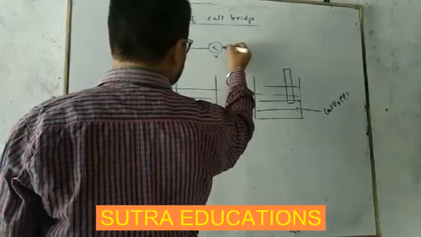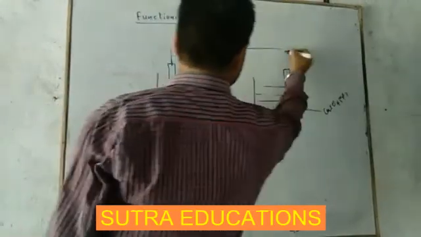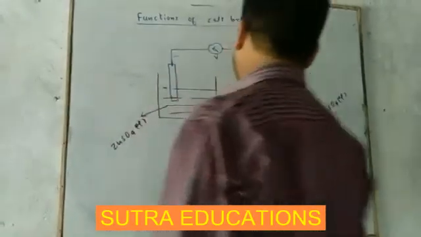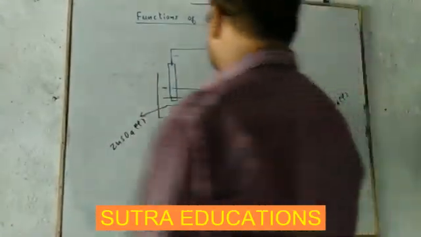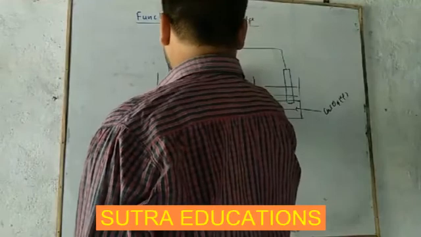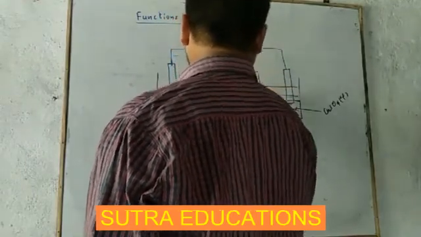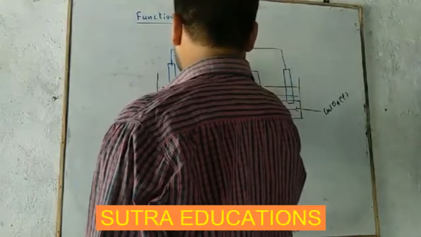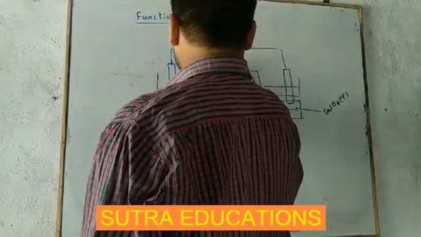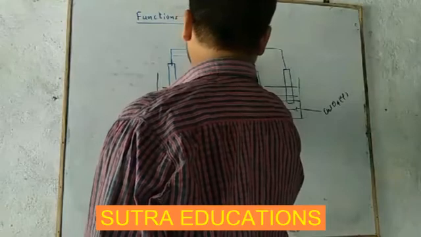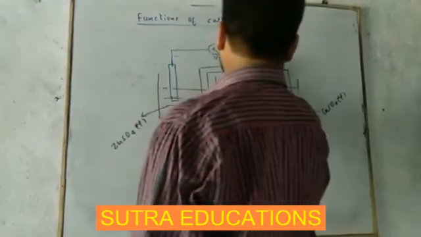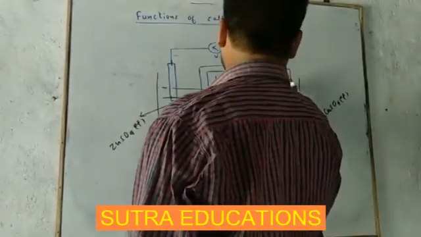Okay, then one salt bridge, which is an inverted U-shaped glass tube. We have discussed it like this.